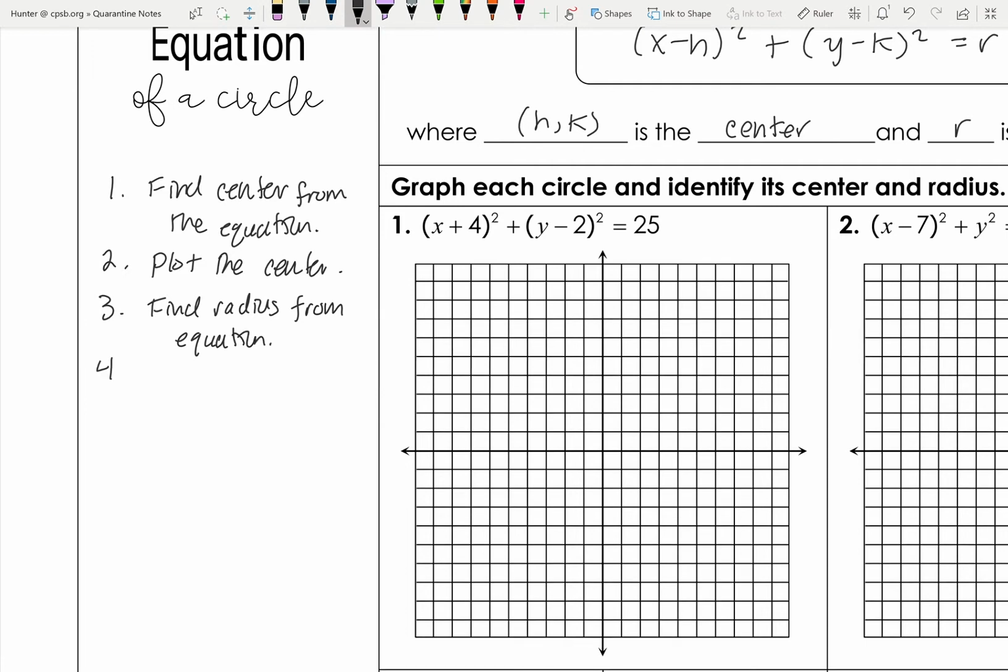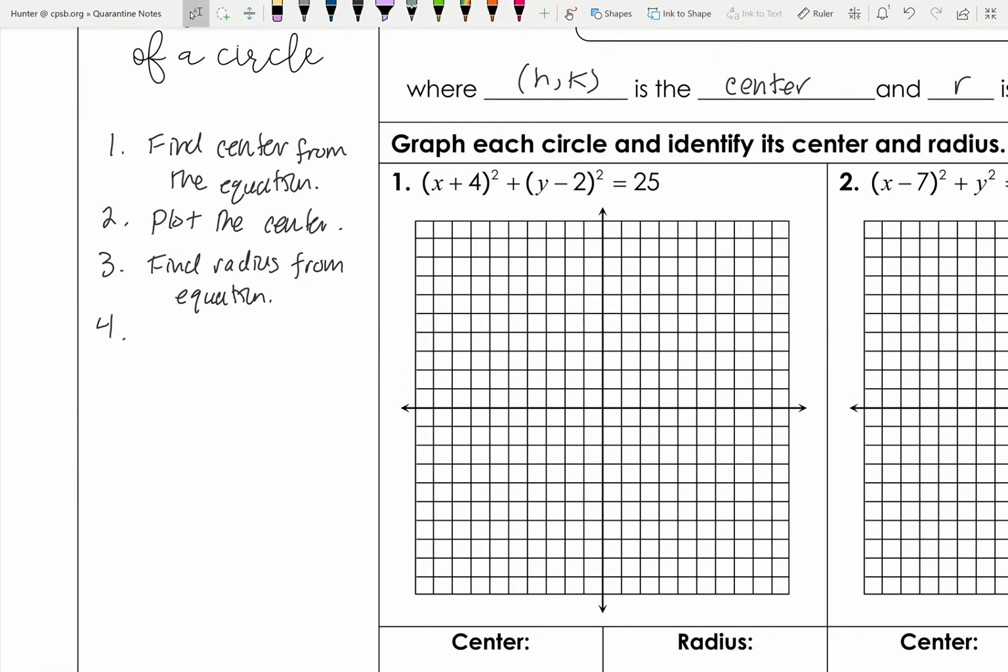And then 4, I want you to count the length of the radius upward from the center.